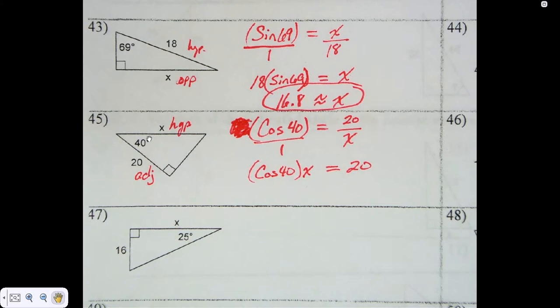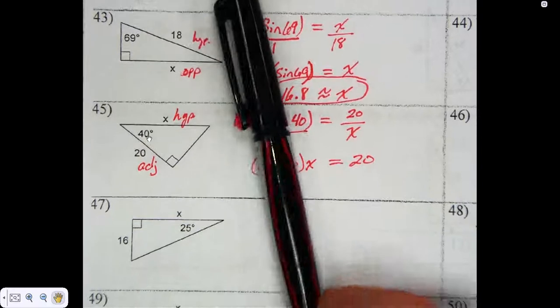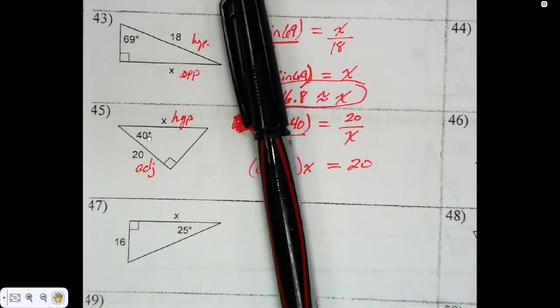What we have to remember still is that that is just a what? That's a number. Okay, and we have a number in front of the x. What do we usually do? Like if that was, instead of a cosine in front of it, if that was a 4, what would you guys do there?